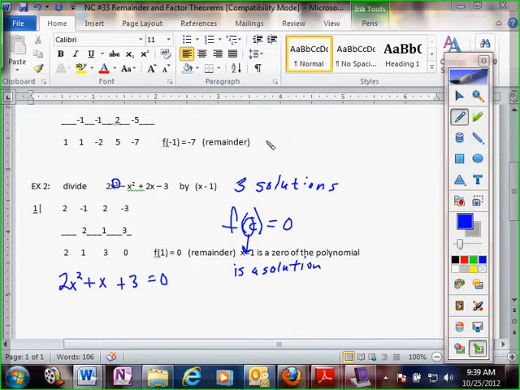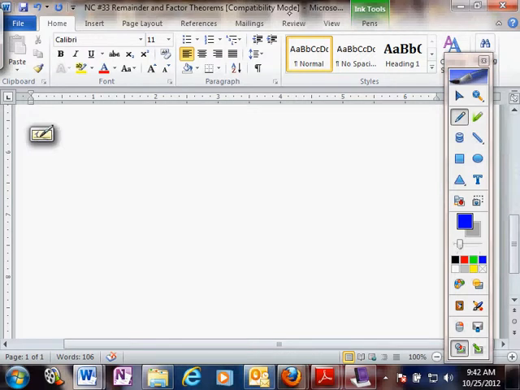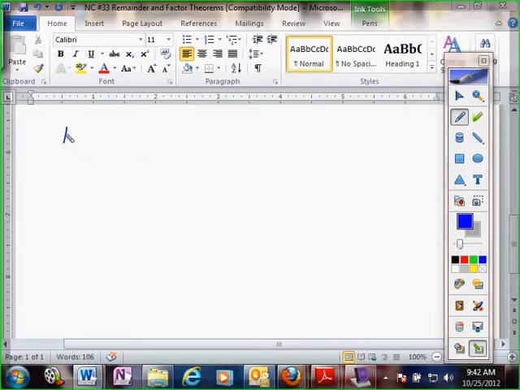Now in note card 34, let's just look at an example that'll tell us all about note card 34. This is example 1 for note card 34.